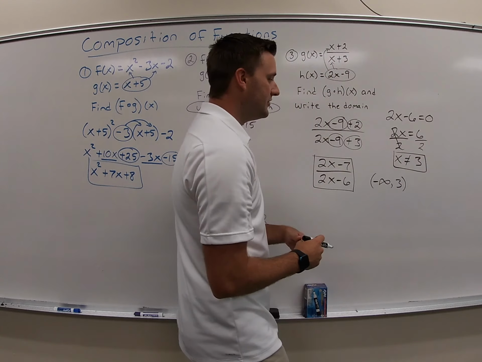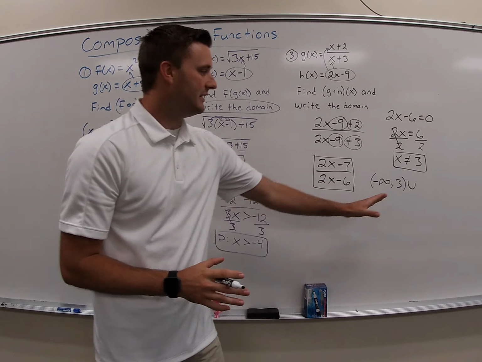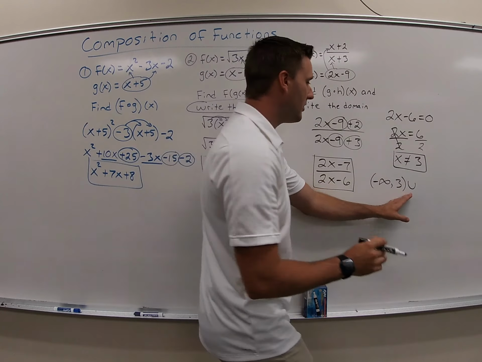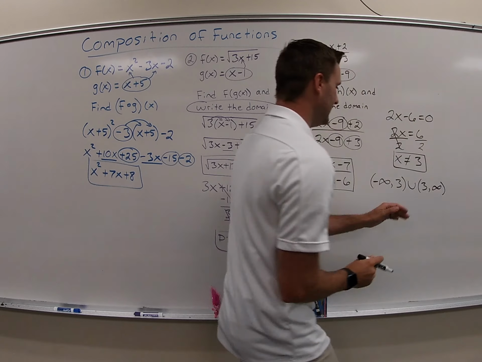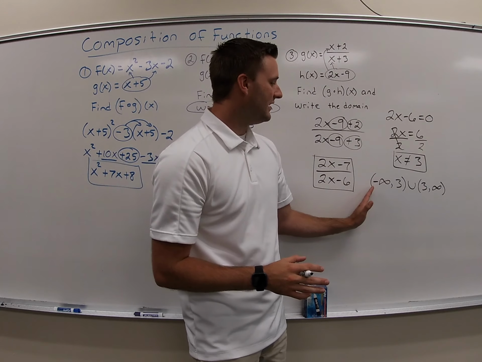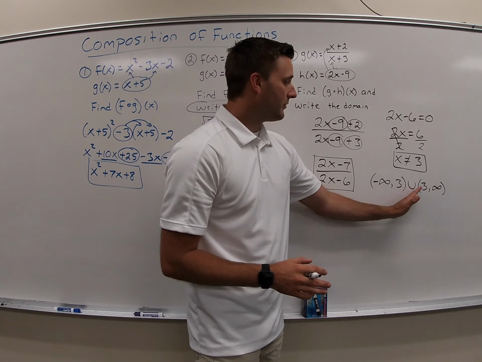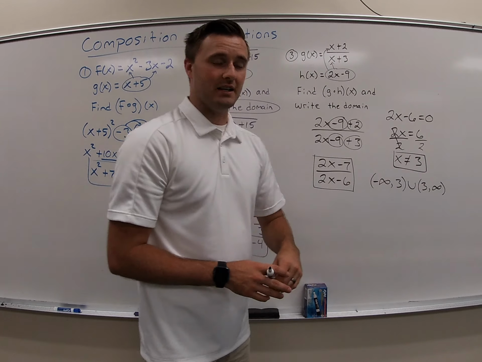This weird looking U or parabola symbol means or. So in math, this symbol means or. Or our values are going to be from 3, comma, to positive infinity. So we're saying that our domain is all the values from negative infinity up to 3, where there is an asymptote at 3, or from 3 all the way up to positive infinity.